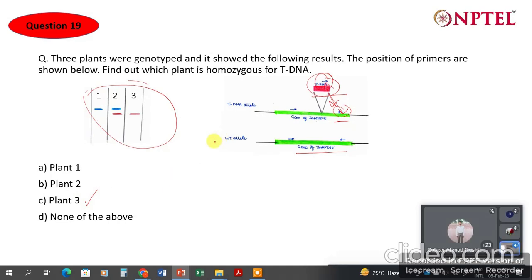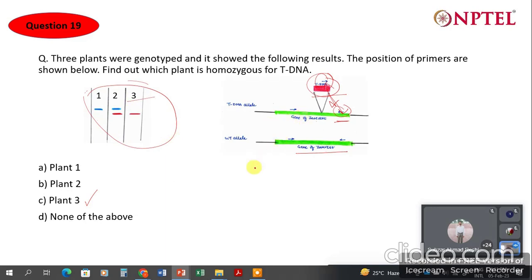Then others? So yes, the correct answer will be plant 3.